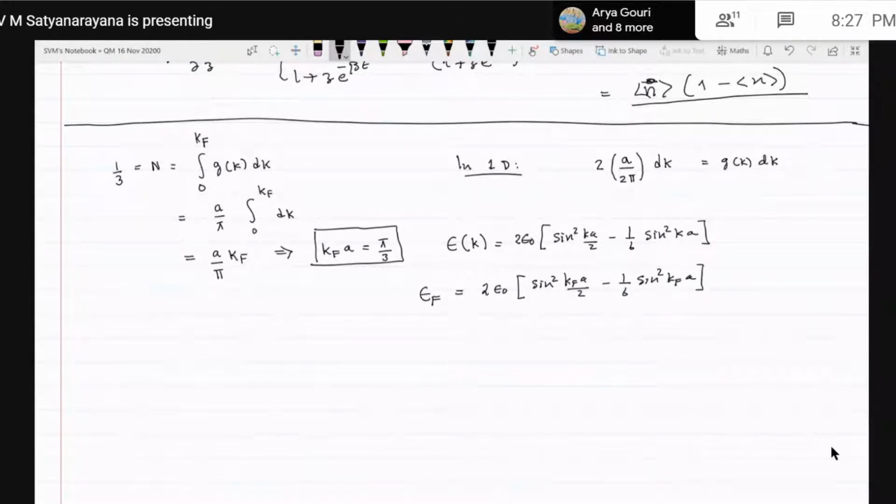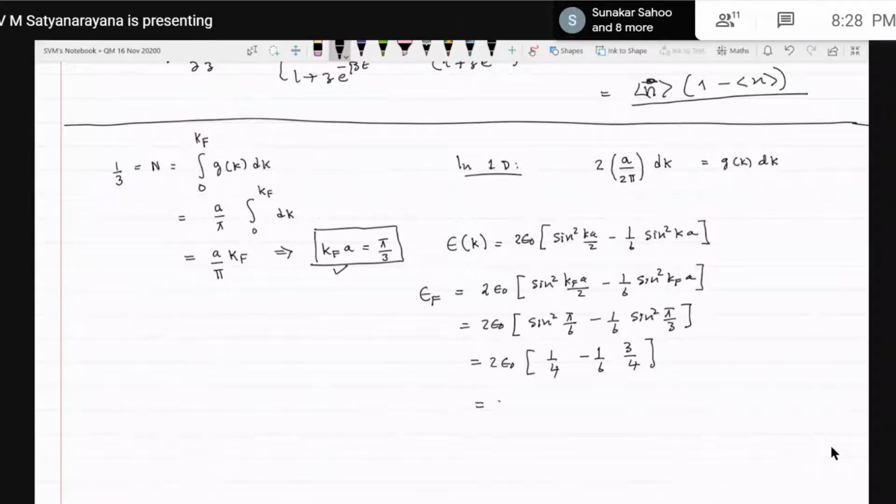But we have already determined what is kfa, so that's equal to 2 epsilon naught into sine square pi by 6 minus 1 by 6 into sine square pi by 2. So sine square pi by 6 is 1 by 4 minus 1 by 6 into 3 by 4.